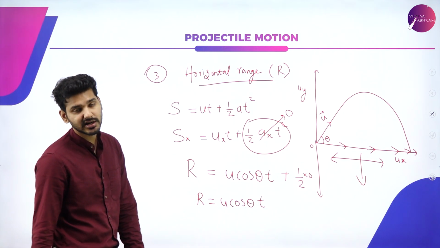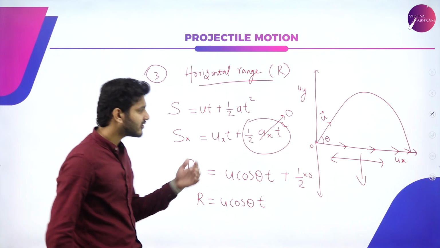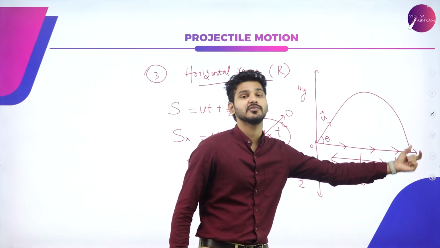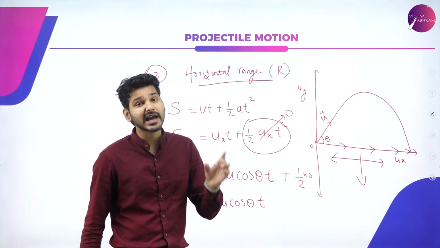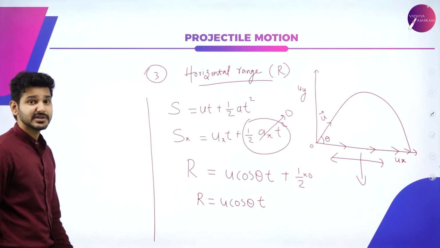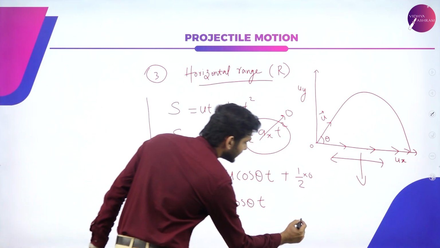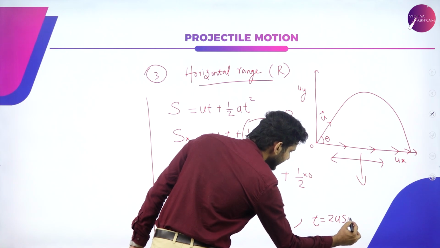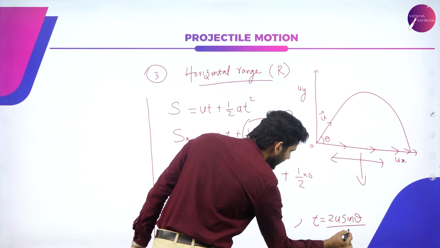Now t here is the time taken for this object to reach this particular position, which means that particular time taken is actually the time of flight. So t is equal to 2u sine theta divided by g.